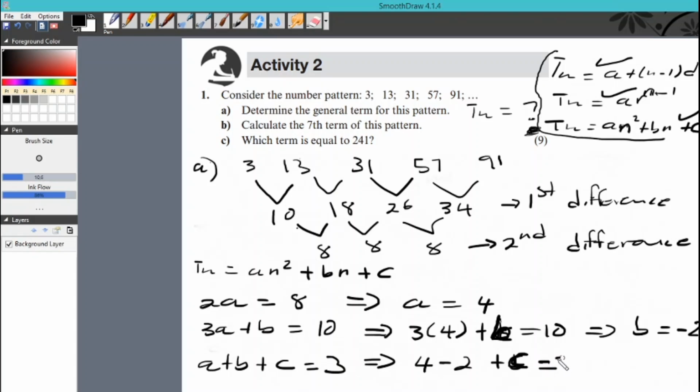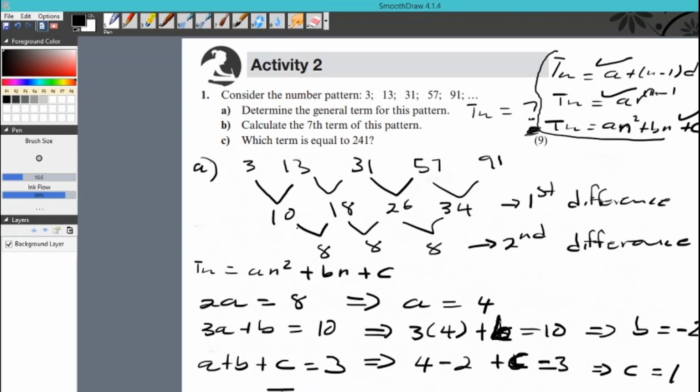This is equal to 3. The left hand side is 4 minus 2 plus c. 4 minus 2 is 2 plus c. Then c is equal to 3 minus 2. 3 minus 2 is 1.